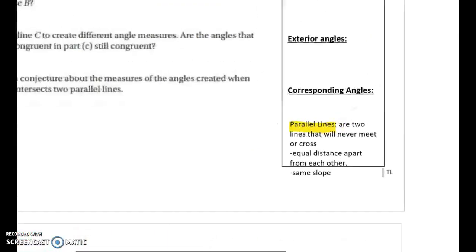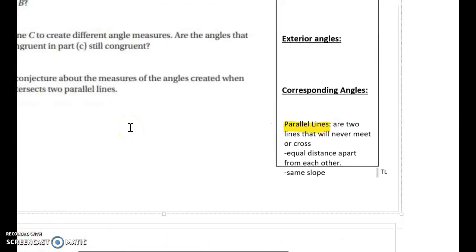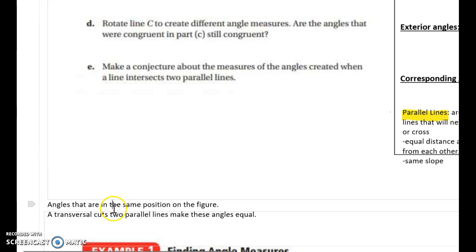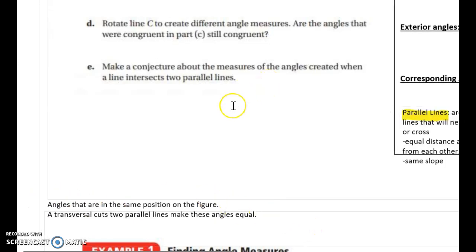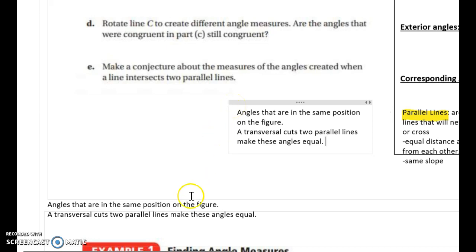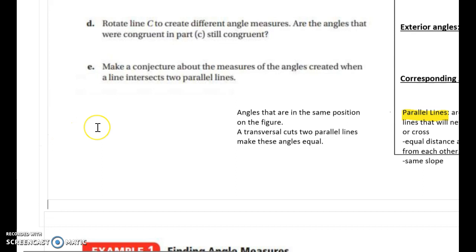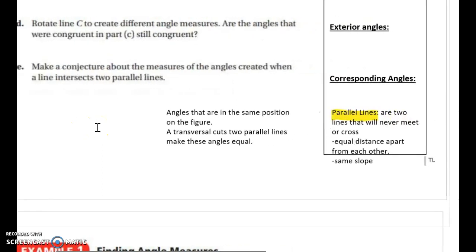So we're going to go up here to corresponding angles, and I'm going to put my definition over here because it's a little long for it to fit there in my box. Corresponding angles are angles that are in the same position on the figure when a transversal cuts two parallel lines, and that's what makes them equal.